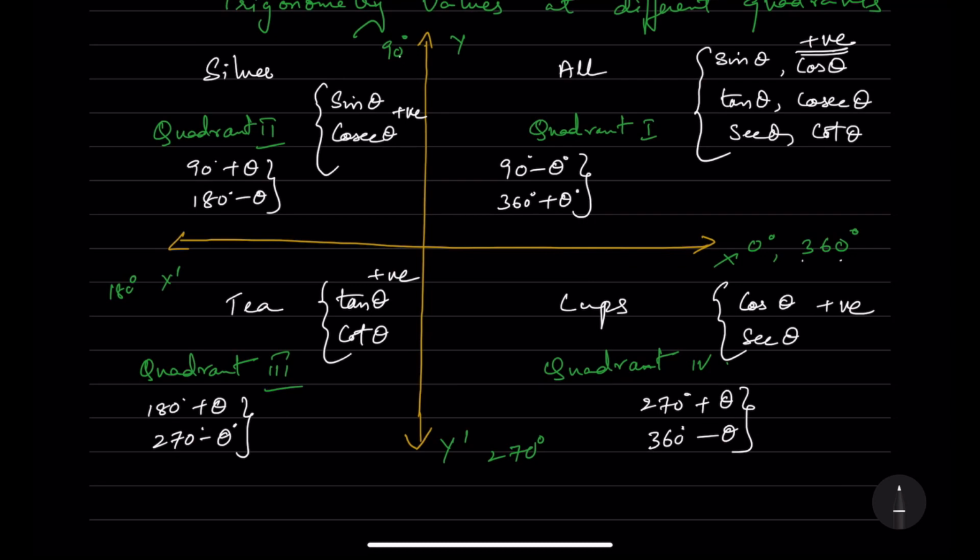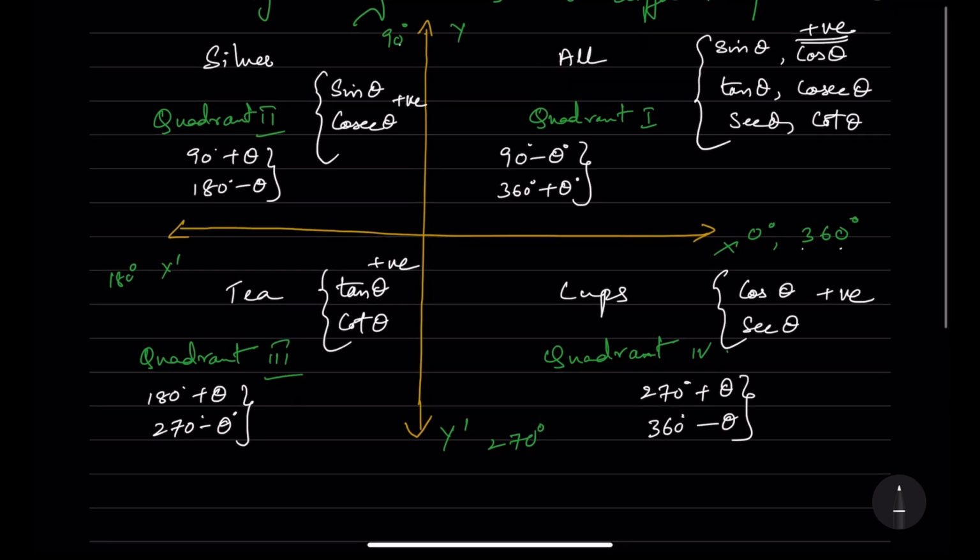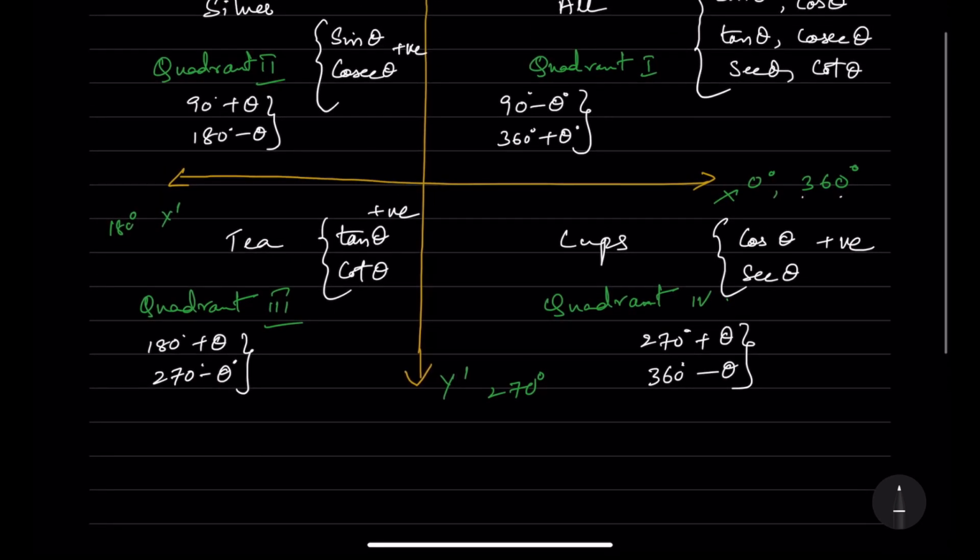So now here you can see if these values are taken in the fourth quadrant, because they lie in the fourth quadrant, cos theta and secant theta are taken as positive over here. Now here we can just see which will change and which will not change. What is the change which is going to take place, we'll just see.